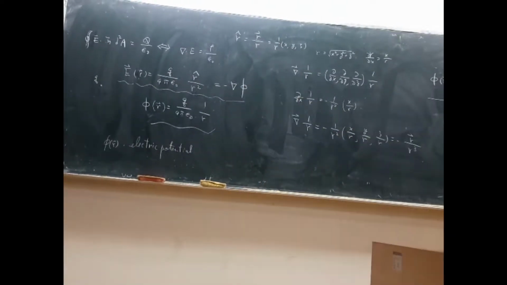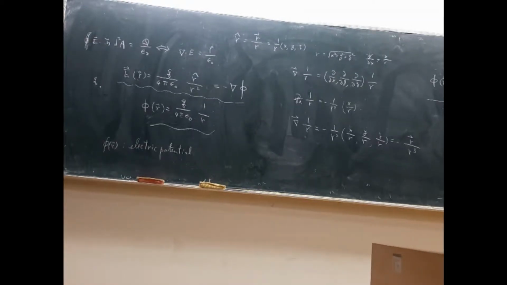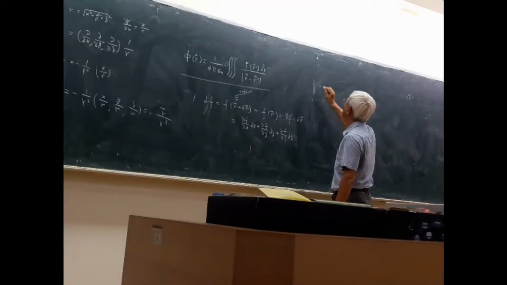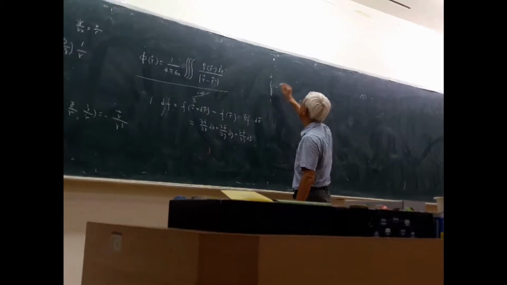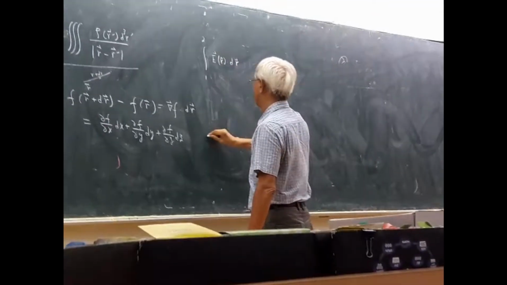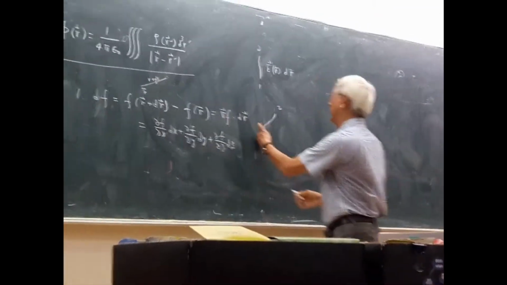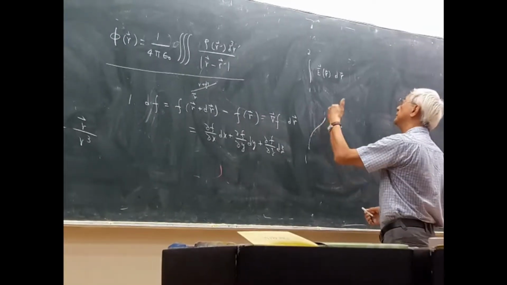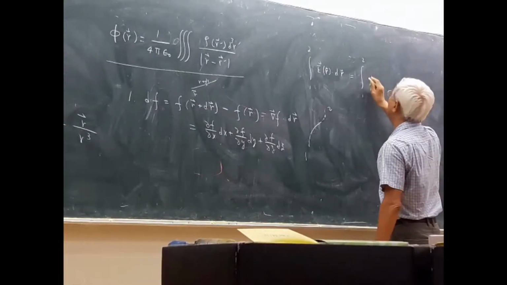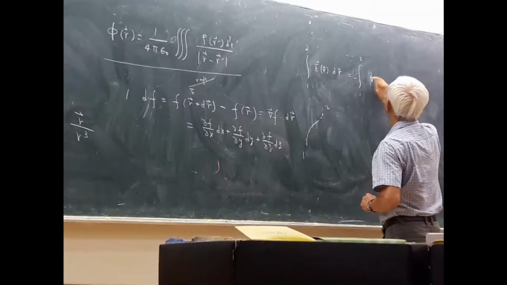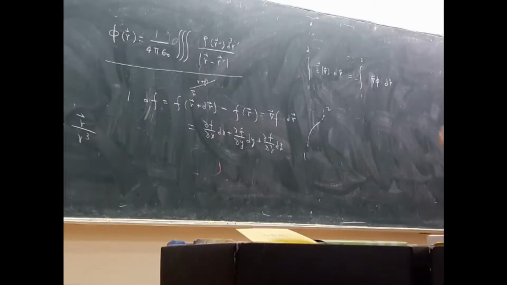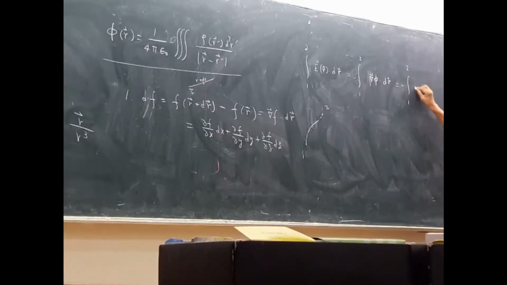So, if we make the integration from position 1 to position 2, the line integral, of the gradient of phi dot dr, that is the integral of d phi.